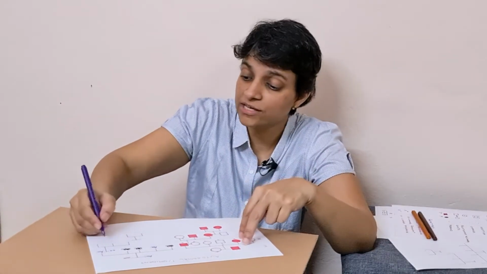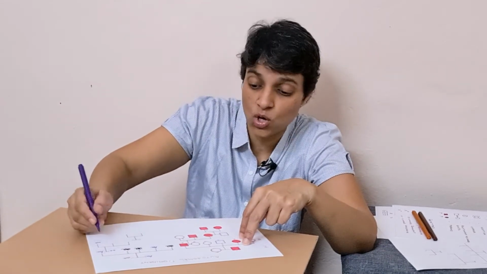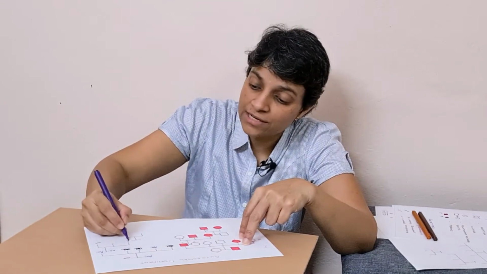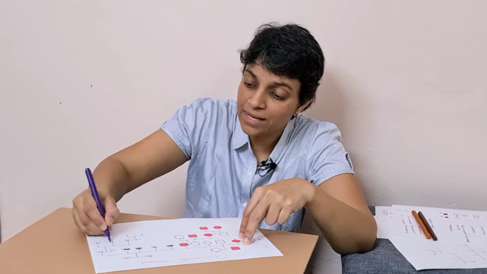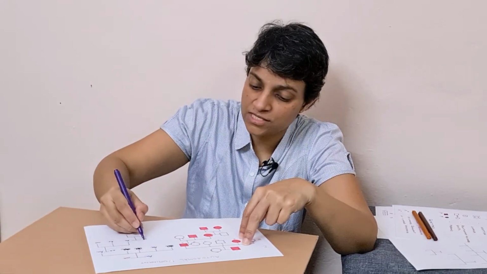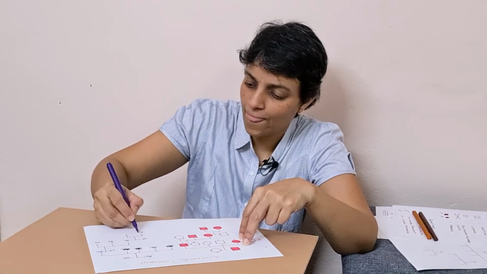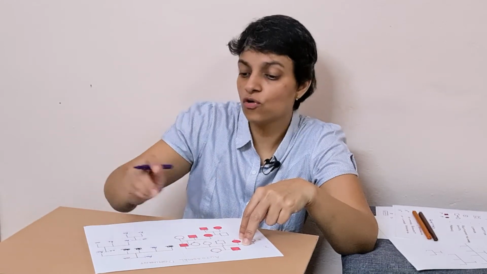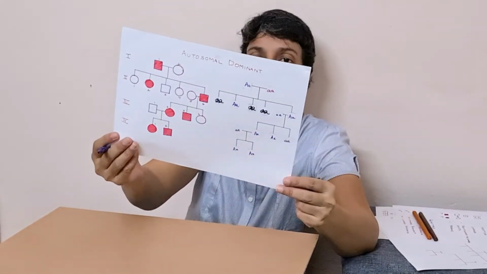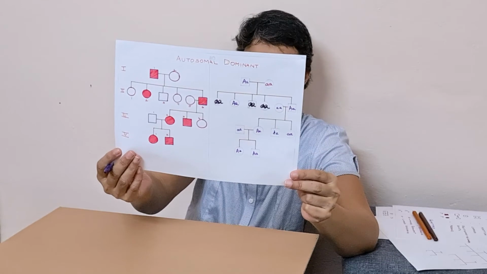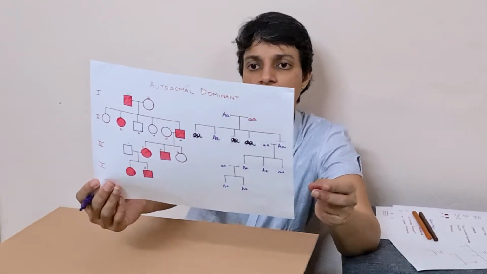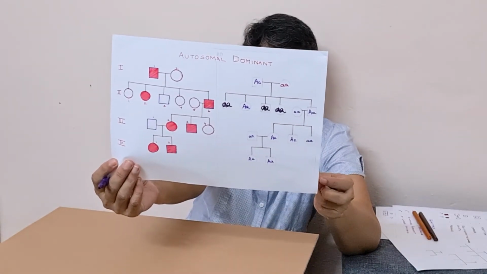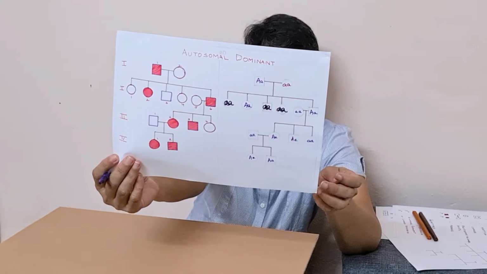So all the individuals without the disease will be small a, small a. All the individuals with the disease will be capital A, small a. Simply. You can even work out your fork line method on this. This is the logic of writing the genotypes in a dominant pedigree, which is autosomal.